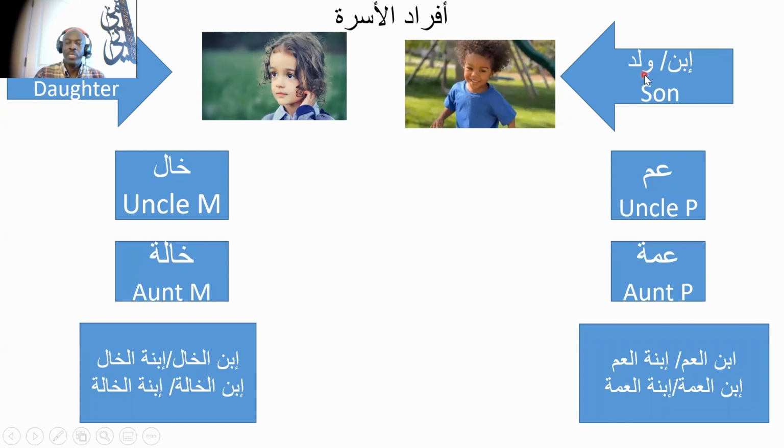Walad is a boy. Sometimes we refer to it as my boy, which is my son. But if you want to say my son with no confusion, you say Ibn, Ibni, that's my son.